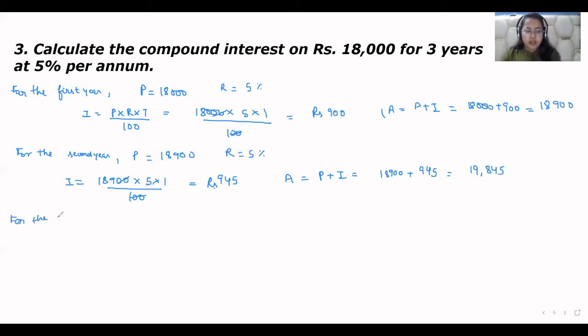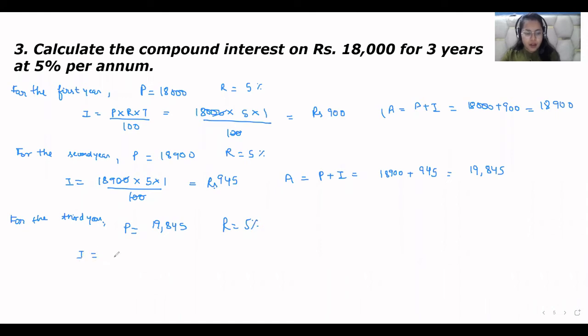For the third year, our principal is 19,845, our rate is 5% and time is 1 year.